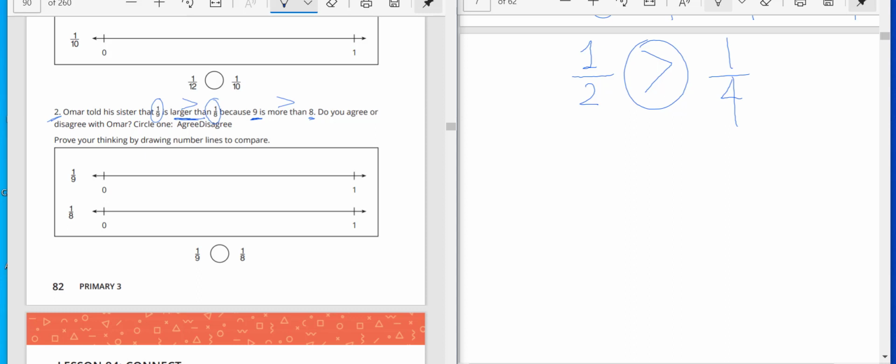From the previous, we know that the smaller the denominator, the greater the fraction. So 8 is the smaller denominator.